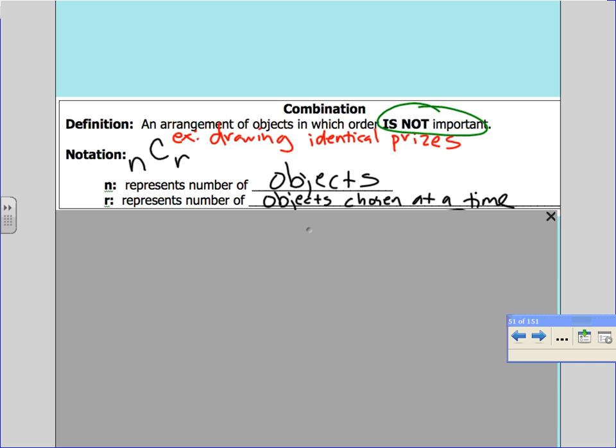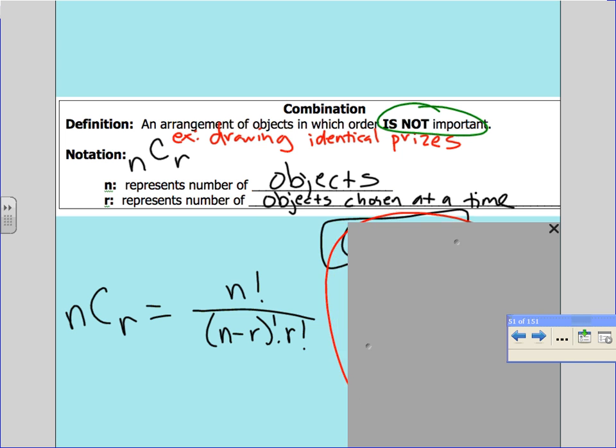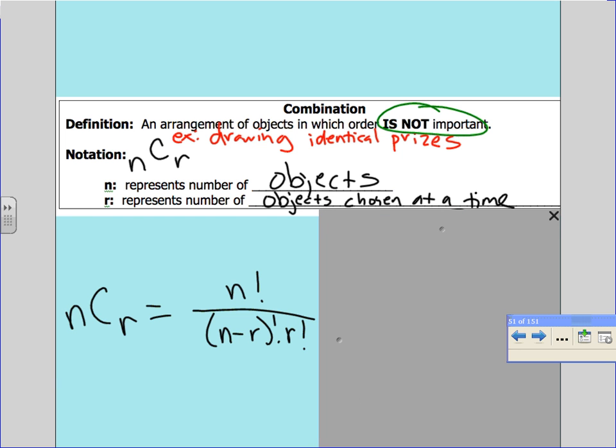Next to or underneath that, I want you to write down the formula. Okay, combination, order doesn't matter. So the formula for nCr is n factorial over (n minus r) factorial, to get rid of the ones that we're not using, and then times r factorial, because in a combination order doesn't matter.